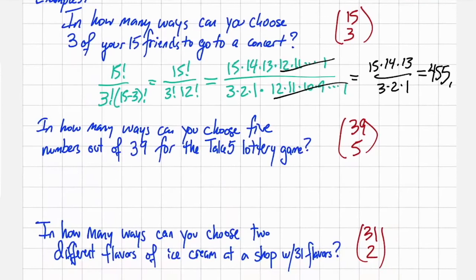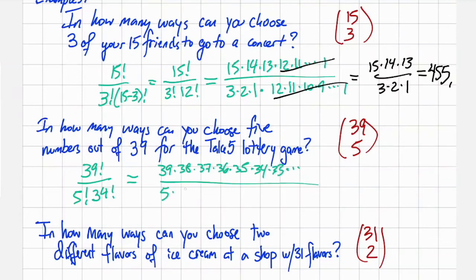The number of Take 5 lottery tickets is 39 factorial divided by 5 factorial times 34 factorial, because that's 39 minus 5. When we write out this expression, we see 39 times 38 times 37 times 36 times 35 times 34 times 33. In the denominator we have 5 times 4 times 3 times 2 times 1 times 34 times 33.